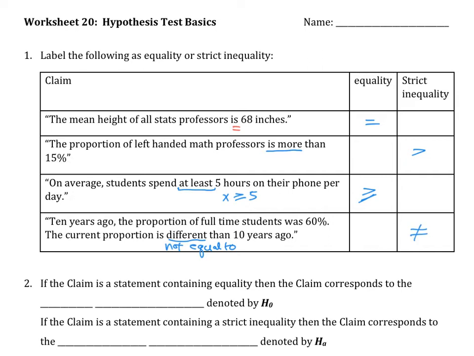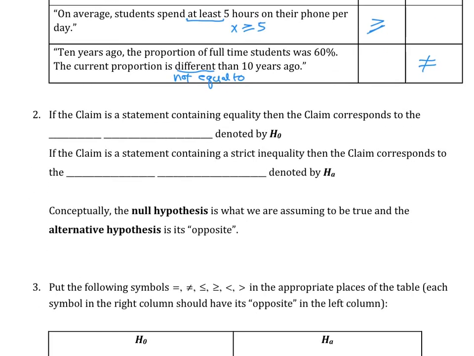So the claim is going to come in like normal language, and we're going to translate that into one of those 6 inequality or equality symbols, and that'll help you decide if it's going to be the null hypothesis or the alternative hypothesis. So having said that, if the claim is a statement containing equality, then the claim corresponds to the null hypothesis, denoted by H0.